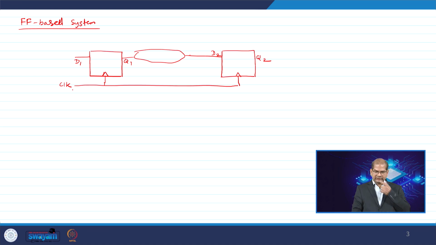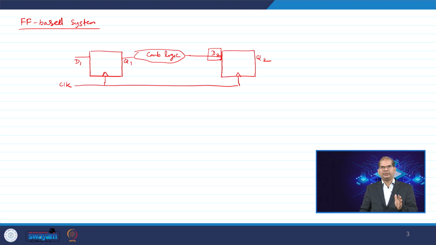In case of a flip-flop based system, this is the combinational logic. Your data is captured on the rising edge of the clock if it is a positive edge triggered flip-flop. So, your D2 should be available before the setup time of the flip-flop.